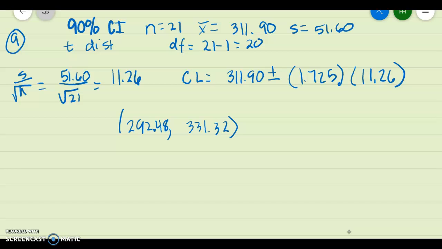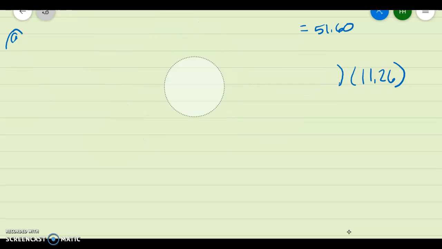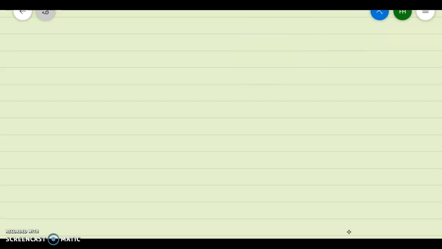Okay, so I'm going to move on to question 13. On this one, it's a t-value one. We have a random sample of 26 homes, so n is 26. And we have the average, similar here, 305.30.